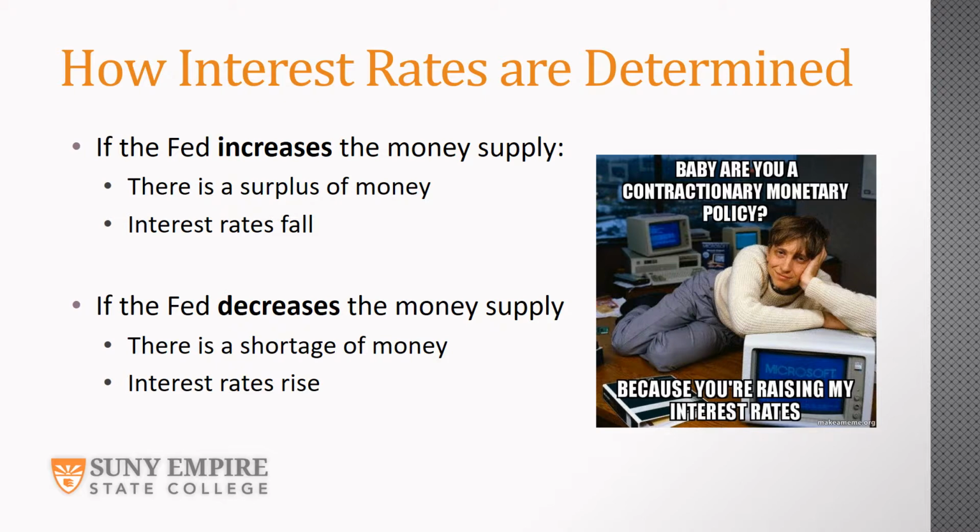With a lower money supply, there is a shortage of available funds for private entities to borrow. This creates additional demand for the available funds, which means the banks can charge a higher interest rate. So when the Fed decreases the money supply, interest rates rise.